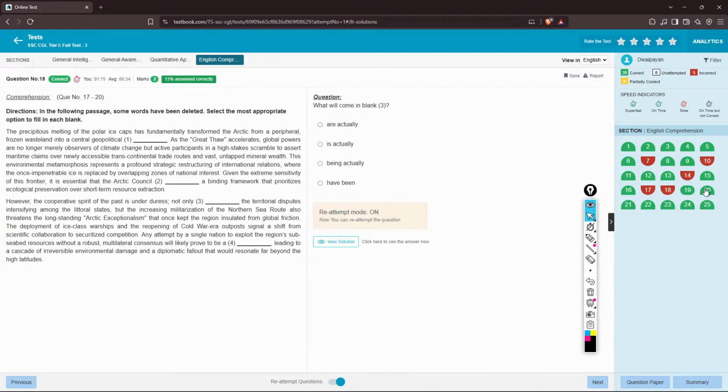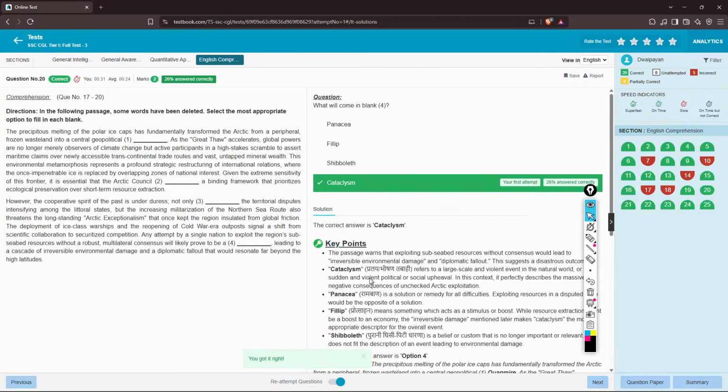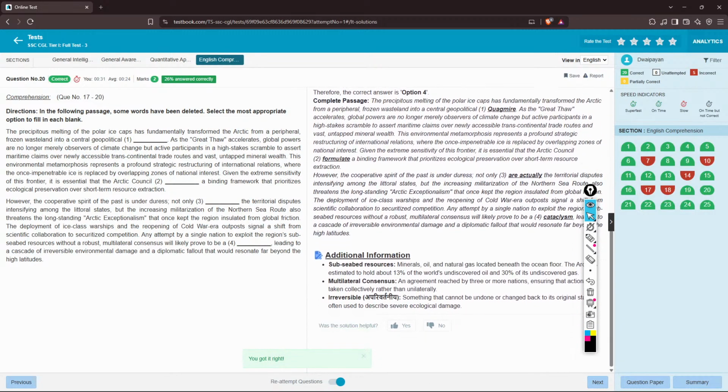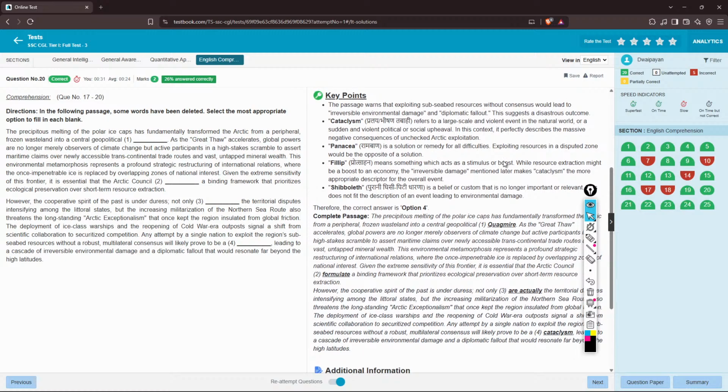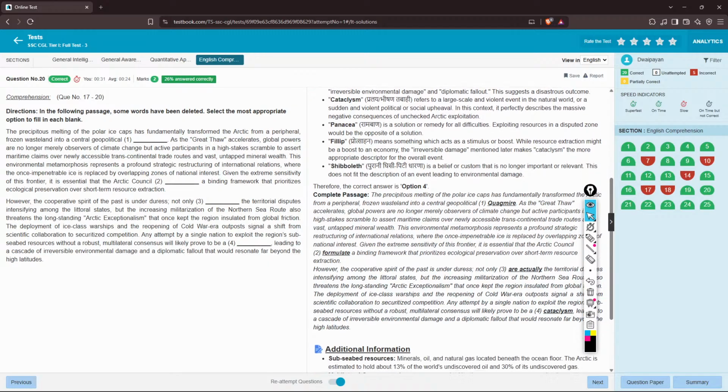Okay. What's the other meaning? Panacea means a cure-all. Boost. Okay. Shibboleth. Okay.